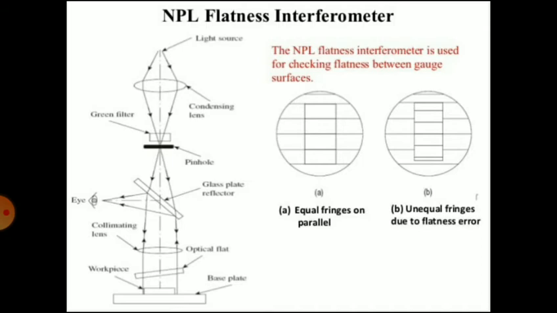Below the collimating lens there is an optical flat, and at the bottom there is a base plate, and on the base plate there is the workpiece to be tested.